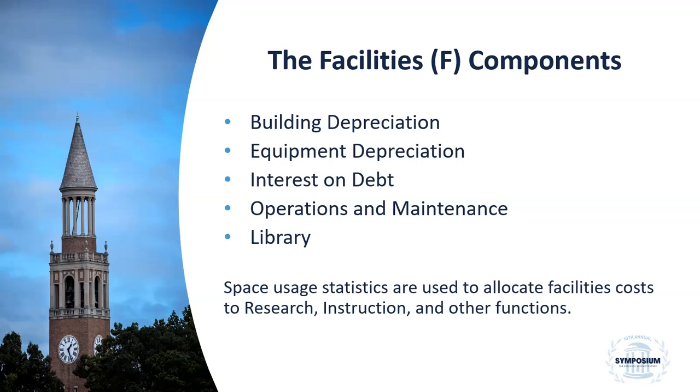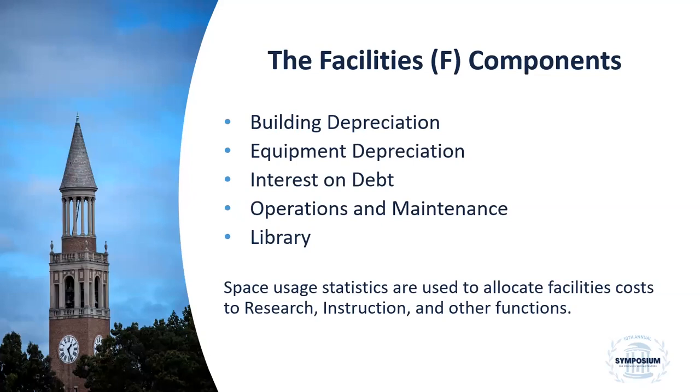The F portion of the F&A, or the facilities components, are noted here: the depreciation for buildings and equipment, interest on any debt related to buildings, operations and maintenance, and library. The building depreciation, interest, and O&M are allocated out to basically instruction, research, and other activities for the functional use of total building space.